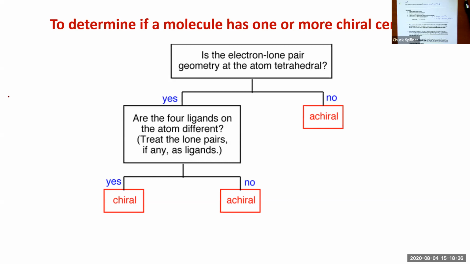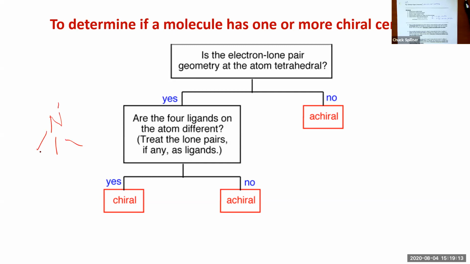And that includes a non-bonding pair of electrons. So are the 4 ligands on the atom different, including the lone pairs? Carbon doesn't have a lone pair, but nitrogen does. So there are nitrogen-containing compounds that can be optical isomers, because nitrogen with 3 single bonds and a lone pair is tetrahedral. We have nitrogen, 3 bonds, and a lone pair.